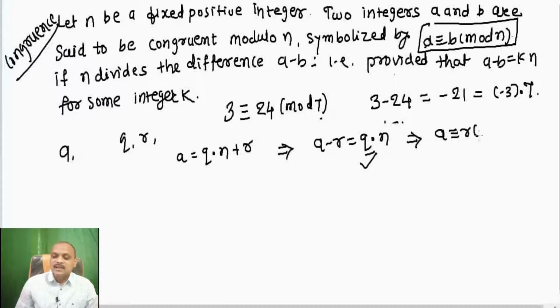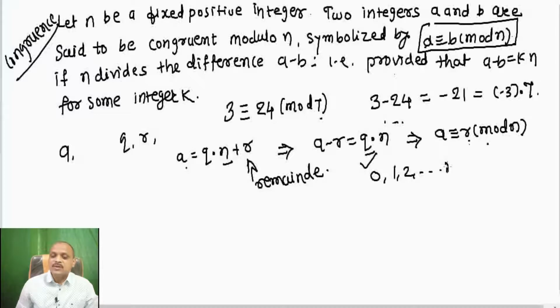This means that a is congruent to r modulo n. Here r is the remainder when a is divided by n, and the different remainders for n are 0, 1, 2 up to n minus 1. These are the different remainders we have when we divide any number by n.